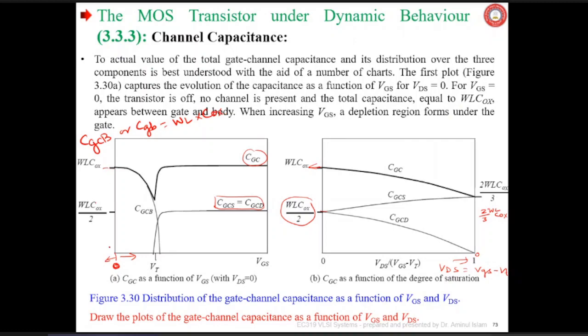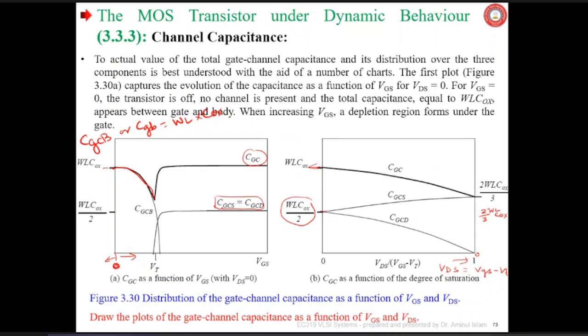Okay, maximum value of capacitance. Now, if you increase the VGS gradually from 0 towards the threshold voltage, the gate to body capacitance is dropping.